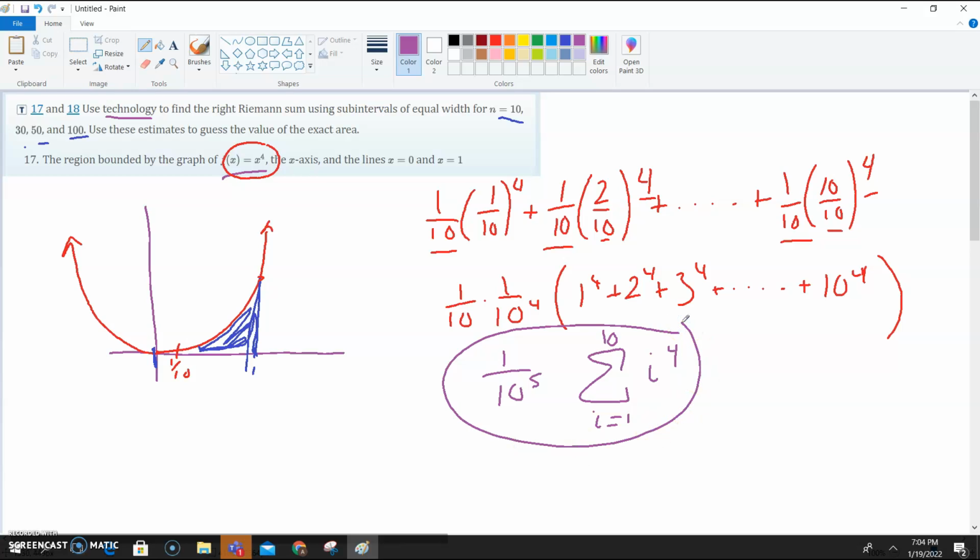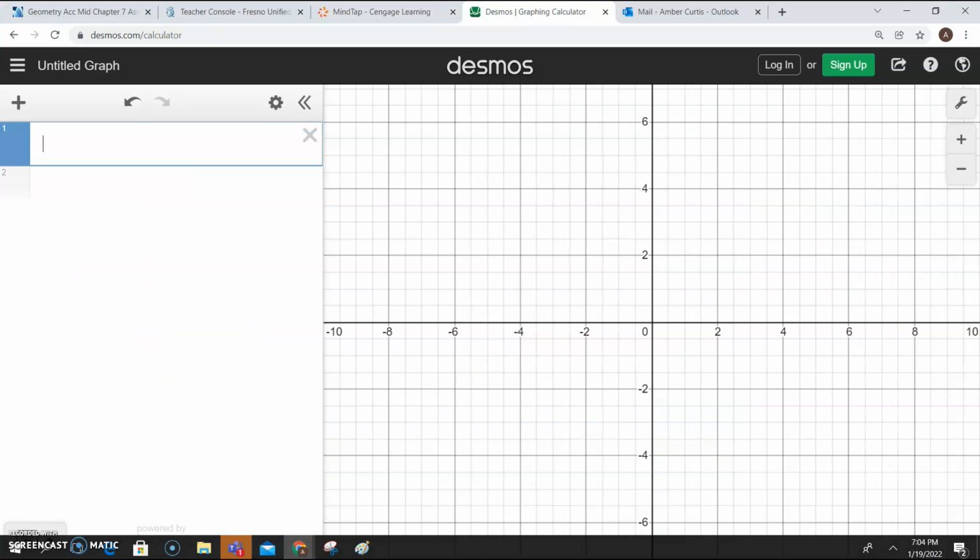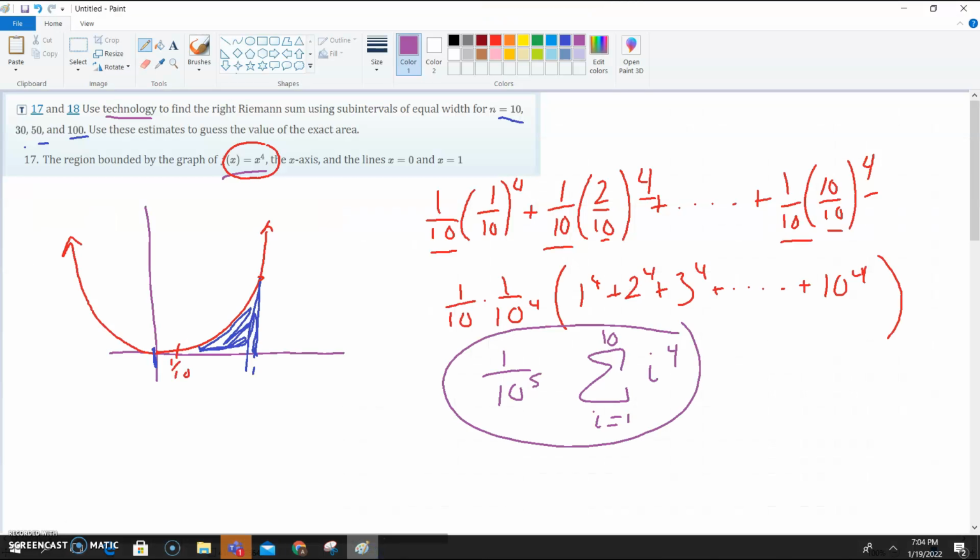Now what we're going to do is use Desmos to calculate this. So going into Desmos, we type in 1 over 10 to the fourth power, and then we type in the word sum, and we go from 1 to 10 of I to the fourth power. And actually, sorry, one more time, we noticed that that was actually 10 to the fifth.